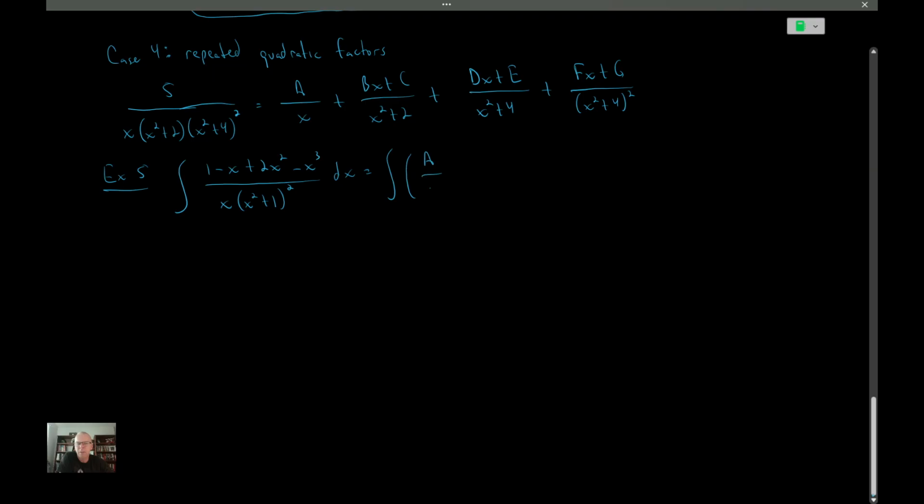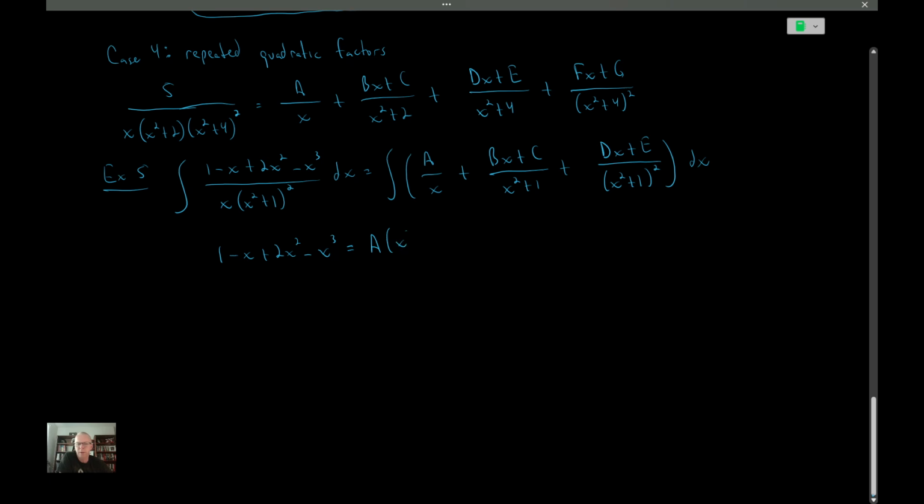We have A over x plus Bx plus C over x squared plus 1 plus Dx plus E over x squared plus 1 squared dx. All right, so now, again, it's just the same steps that we've been doing. 1 minus x plus 2x squared minus x cubed equals, and now we need to multiply these by whatever factors are missing.